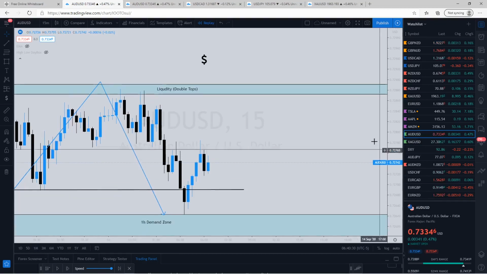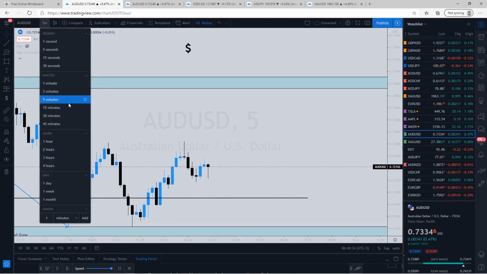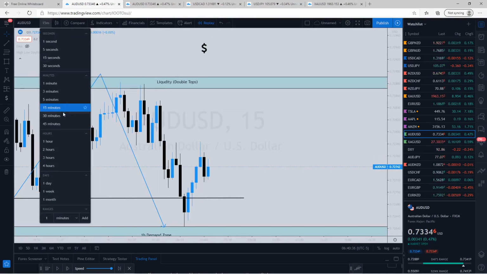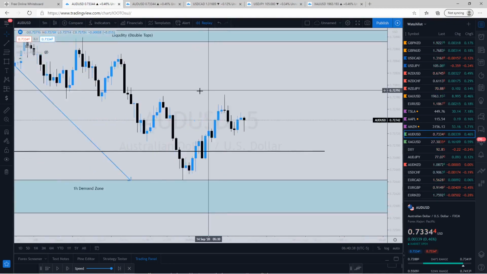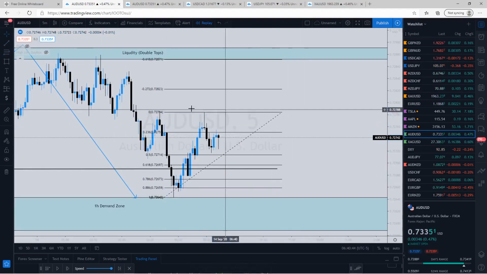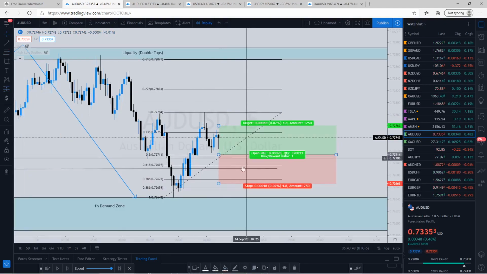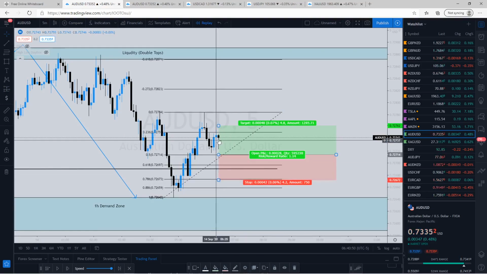So from that point, we can maybe even look at the 5 minute. Actually, let's look at the 5 minute. Okay, from this point, we're going to take our Fibonacci from the low all the way up to the high, and we are going to look to enter on the 0.5 level, 50% retracement.